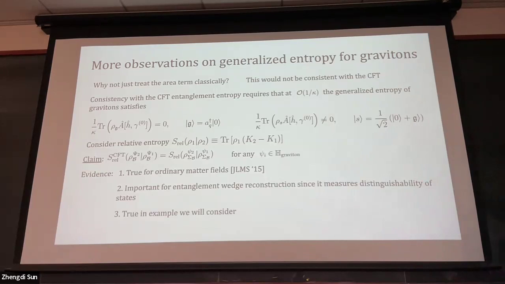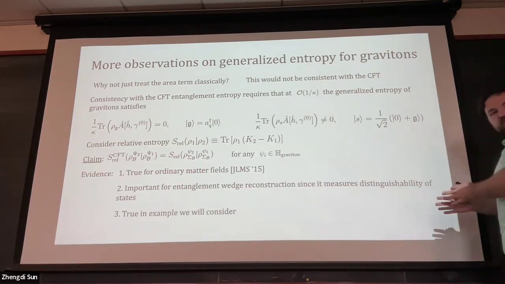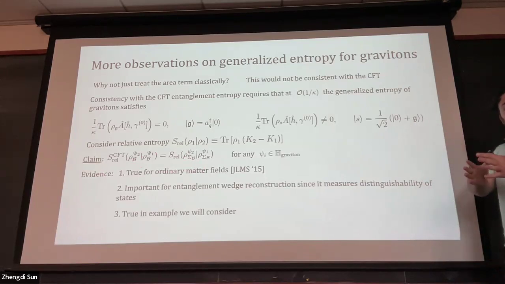Relative entropy is a measure of that distinguishability. So this equality is important for saying that if you can distinguish states in your boundary subregion, you can distinguish them in your dual bulk subregion. And the final reason is that I'm going to show it in a specific example for gravitons. I think it's true for any state in the graviton Hilbert space. I'll show it for one of them, but I think the argument holds for any of them.